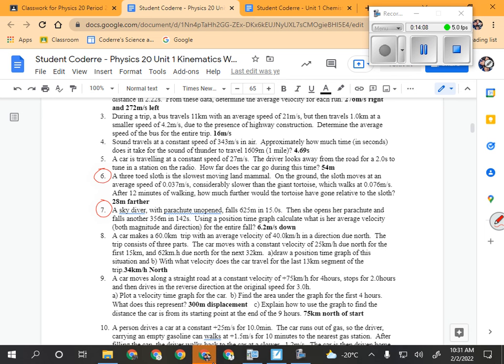Number 7 is just like what we just did. And number 8 you can do without a graph. So you can just solve that one the way we did there. So let's have you try those 3. 8's probably the trickiest. Okay, it's got 3 parts, and it's a little bit more involved than the one we just did, but I think you guys can handle it. So let's have you do those 3.